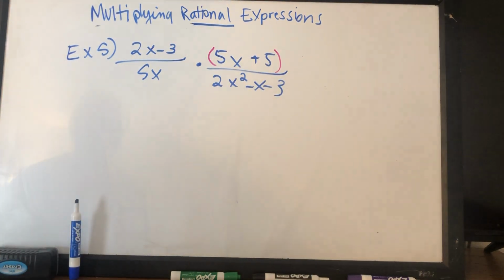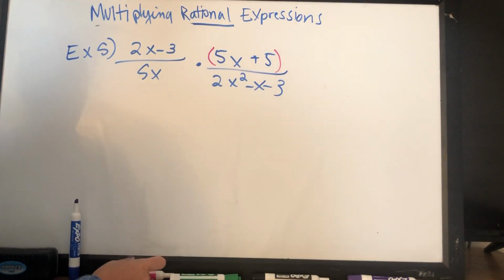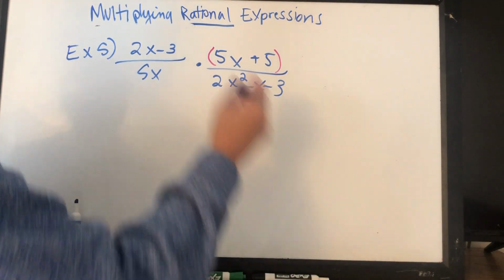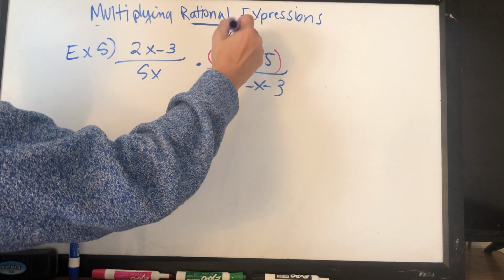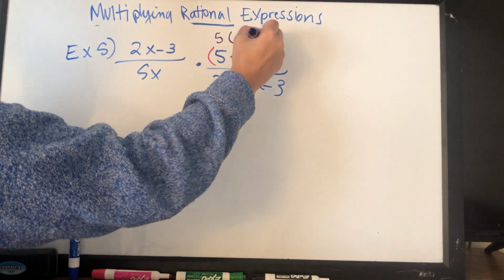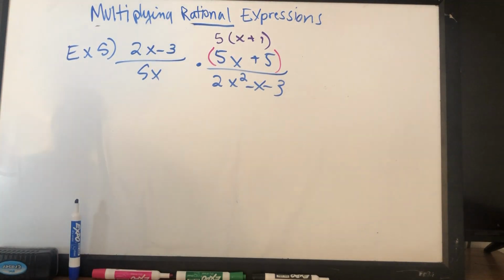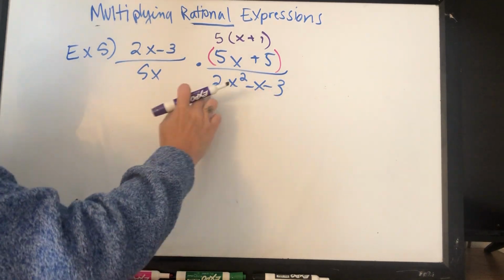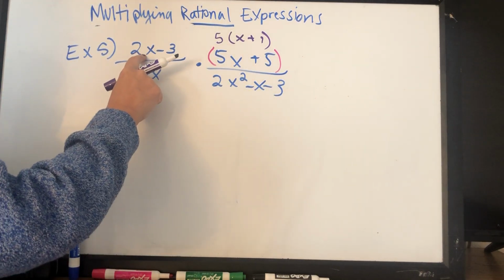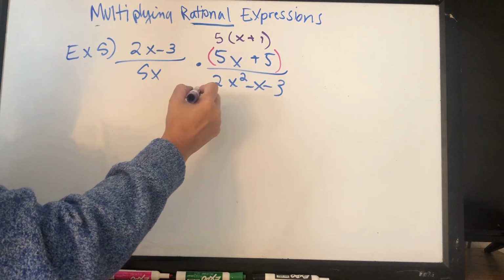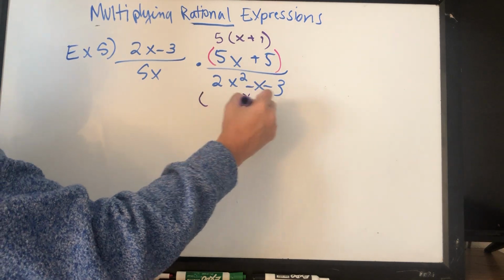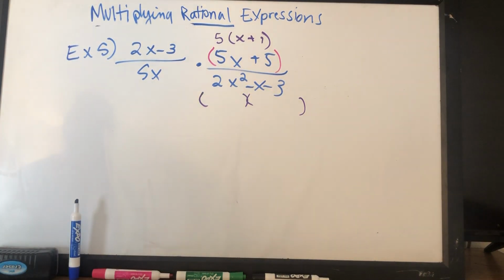You cannot separate that. However, we can factor. What can come out of both of those terms? Good. A 5. And then you'll have an x plus 1 left. Now, when you're factoring this one, guys, you're probably going to have a 2x minus 3 or an x plus 1 or both. So kind of look at some of the factors that are already there.